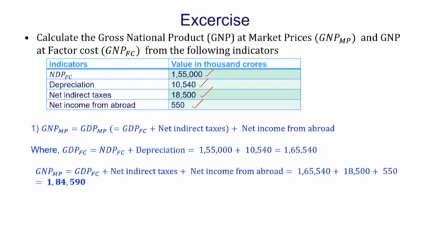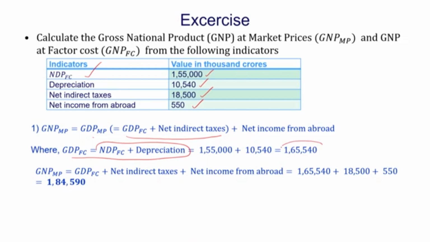GNP at market price means GDP at market price plus net income from abroad. GDP at market price, you already know, is GDP at factor cost plus net indirect tax. What we have given here is only NDP at factor cost, so in order to get the GDP at factor cost, you need to add depreciation to the net domestic product at factor cost.